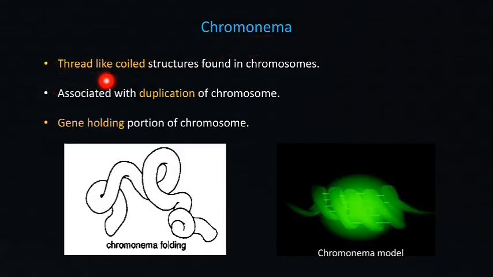Chromonema are thread-like coiled structures found in the chromosomes, which are associated with DNA duplication and act as the gene-holding portion of the chromosome. Here we can see the chromonema foldings present in the chromosome, and this radiographic image shows the chromonema fibers present in the eukaryotic chromosome.